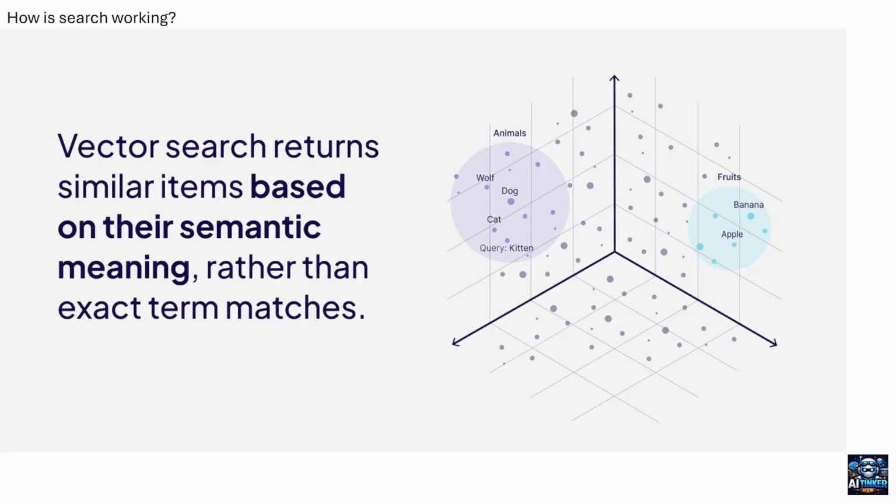The vector database is not going to just provide results where the term pet exists, but it would semantically understand that a cat or a dog could also be a pet. Based on that, it will retrieve information semantically rather than by exact term matches.